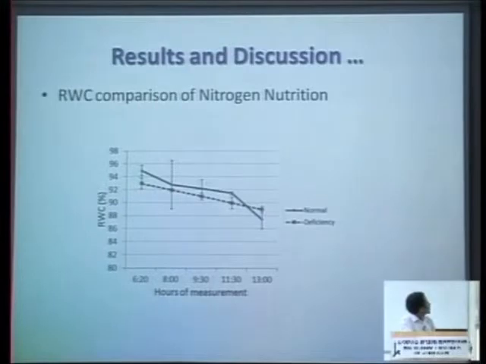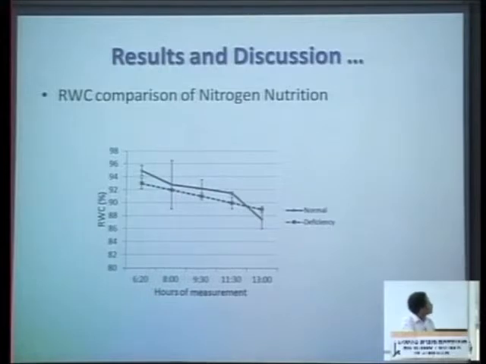Here, in the relative water content comparison, we predict that the relative water content of the normal nitrogen condition is higher as compared to the deficient one. So it follows the same trend.